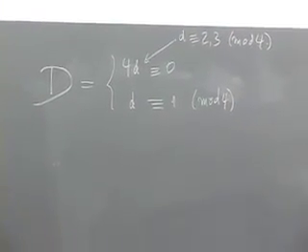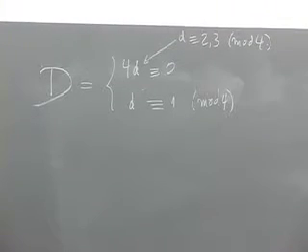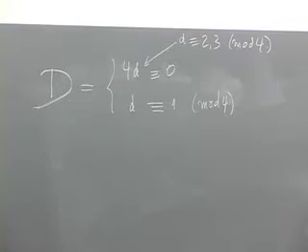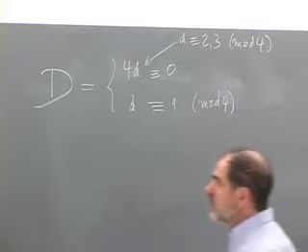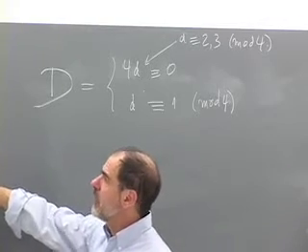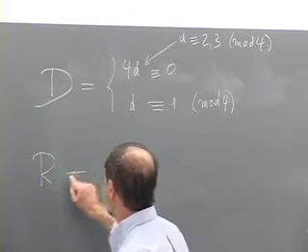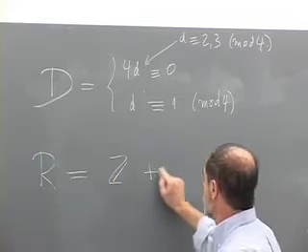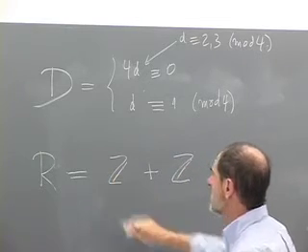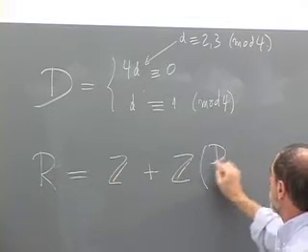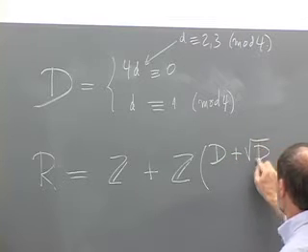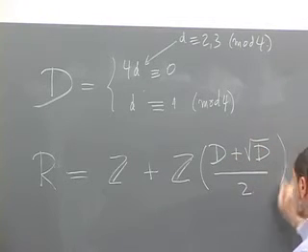So this capital D is either divisible by 4 or has remainder 1 mod 4. And then if you introduce that, there's a uniform way of writing down this ring of algebraic integers. It's a cute way of doing it: all multiples of 1 and all multiples of (D plus root D) over 2.